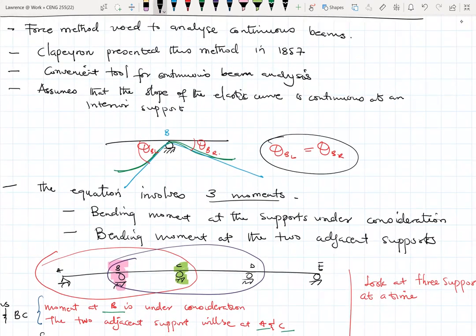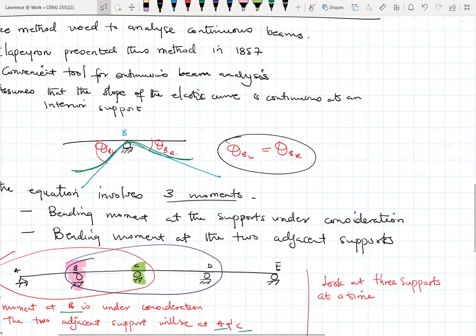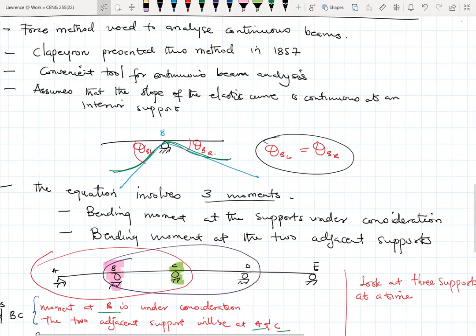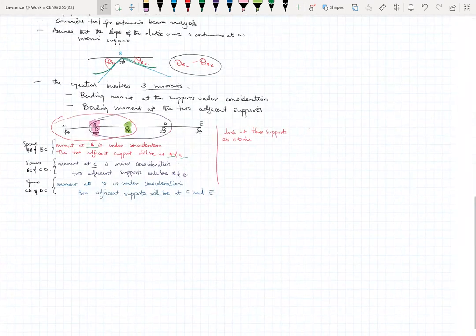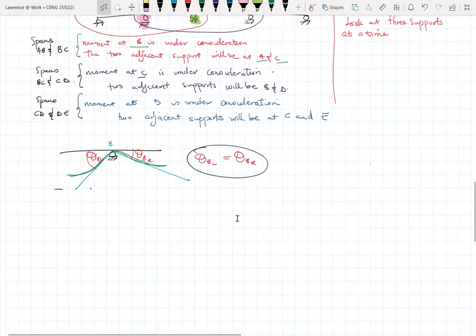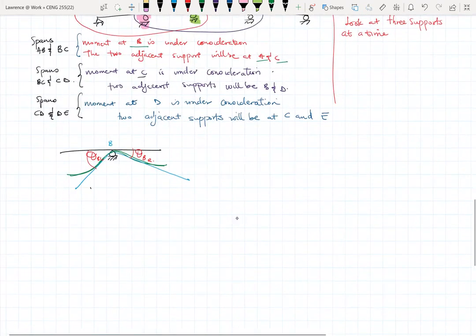Typically, when you have a beam, okay, let me bring this down here. Let me just copy it and bring it down here. When you have a beam, and let's say this was derived from, let me just put something here.